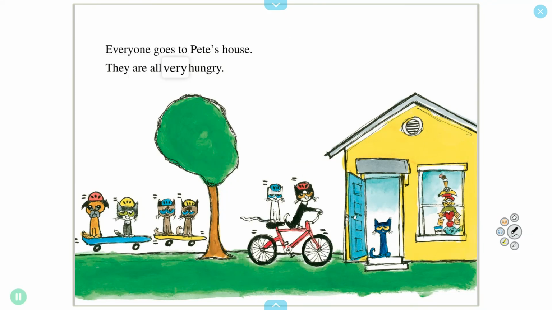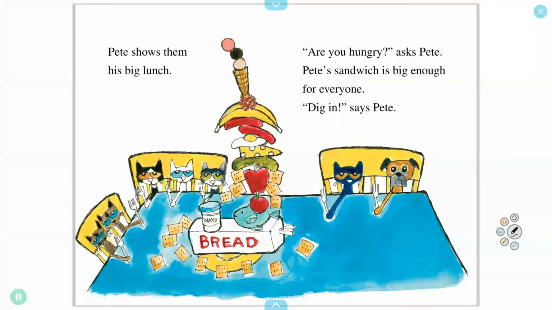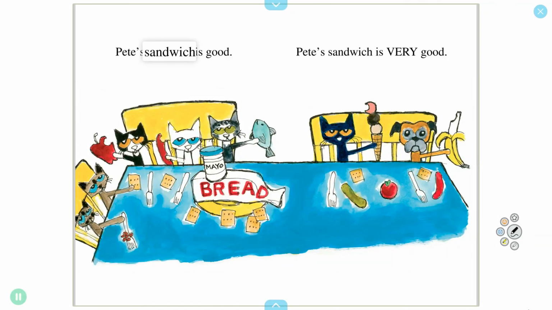They are all very hungry. Pete shows them his big lunch. Are you hungry? Asks Pete. Pete's sandwich is big enough for everyone. Dig in, says Pete. Pete's sandwich is good. Pete's sandwich is very good.